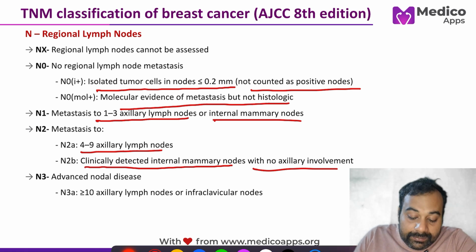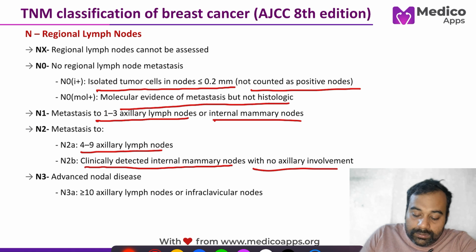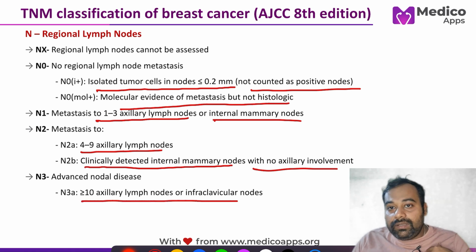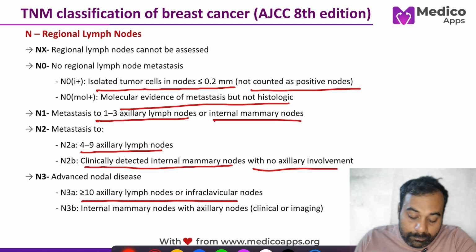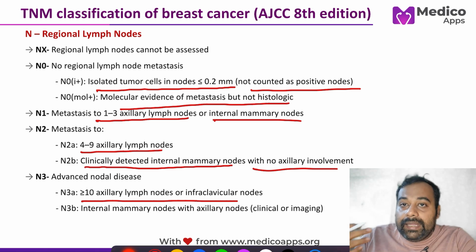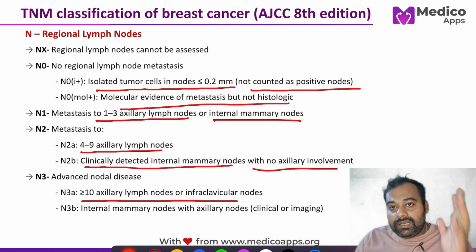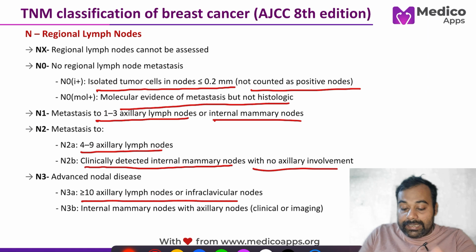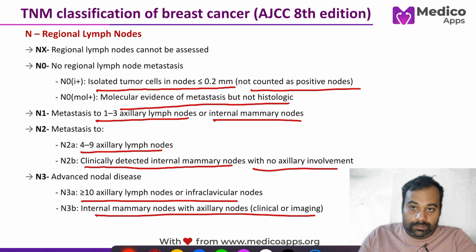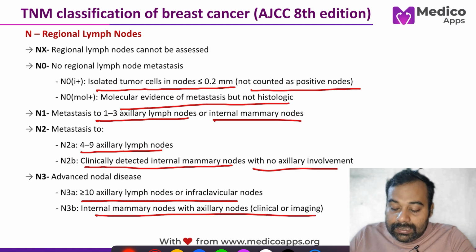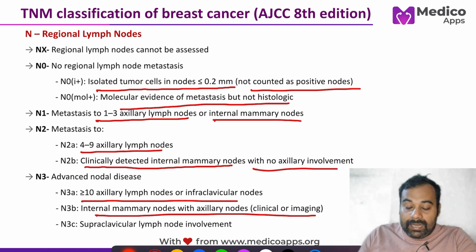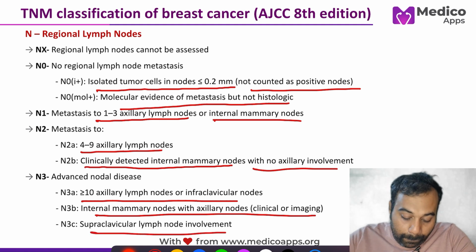N3A is more than 10 axillary lymph nodes or infraclavicular lymph nodes. N3B is internal mammary lymph node involvement coexisting with axillary lymph node involvement, either clinically or by imaging. Then we have N3C, that is supraclavicular lymph node location. Okay.